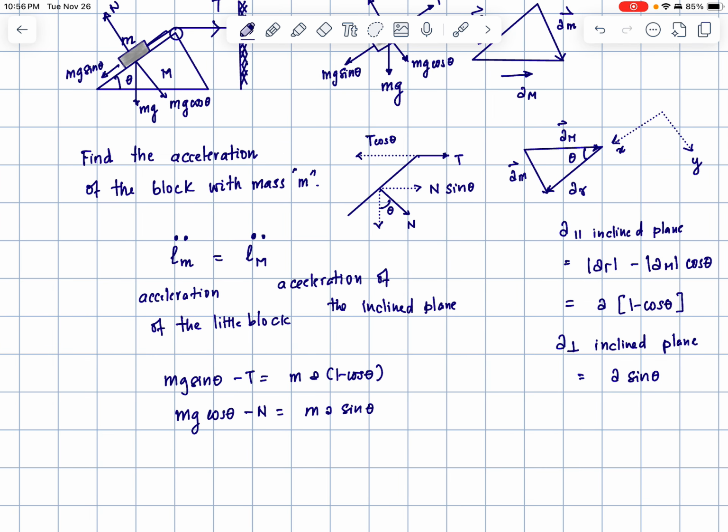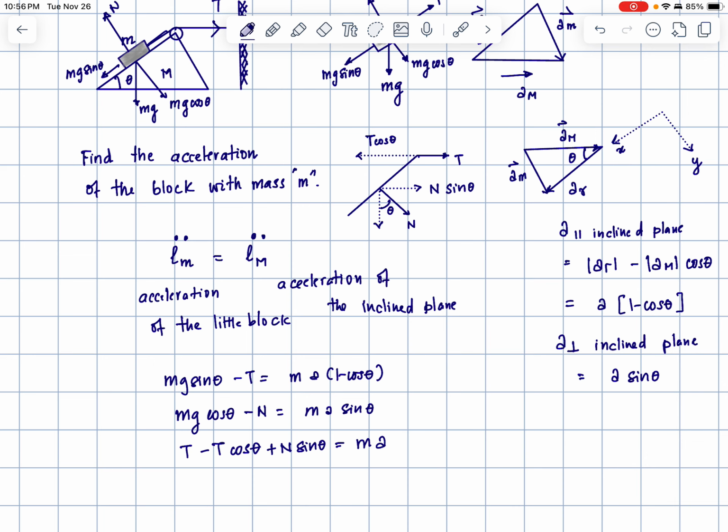Now if we want to write the force equation for the inclined plane here, the force acting towards the right is T, and the force acting towards the left is T cosine theta, and we add an N sine theta that's going towards the right, and that equals m times a, where a is the acceleration of the inclined plane.